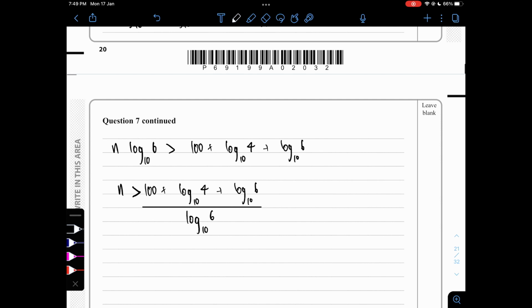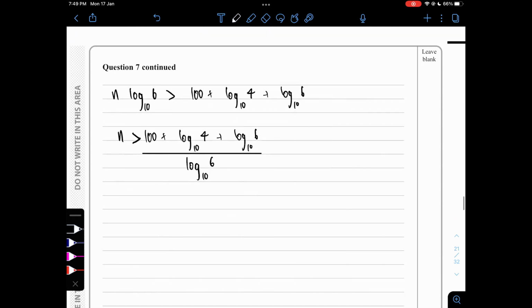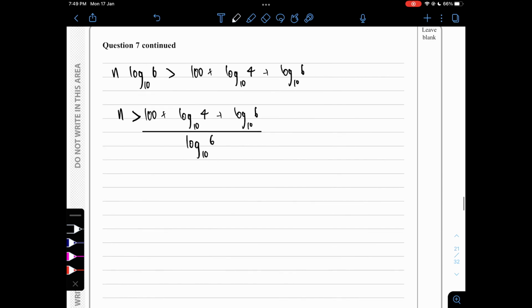So let's put this in the calculator. This is 100 plus log base 10 of 4 plus log base 10 of 6, and then over log base 10 of 6. So n is greater than 128.7. So we round it, so n equals 129.